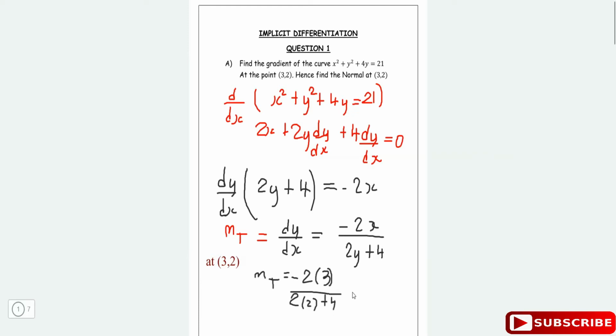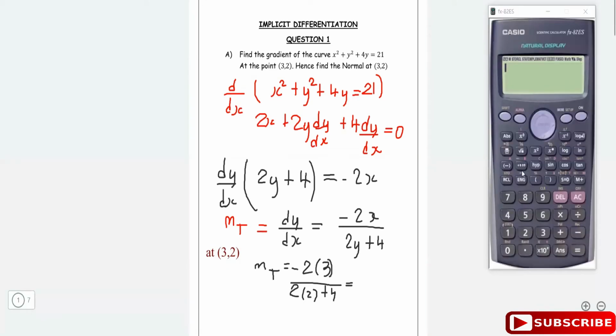So the gradient of the tangent works out to be minus 2 times 3 divided by 2 times 2 plus 4. Let me bring up the calculator and let it do it for me.